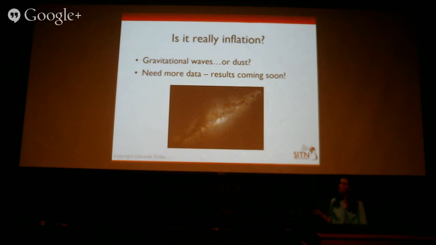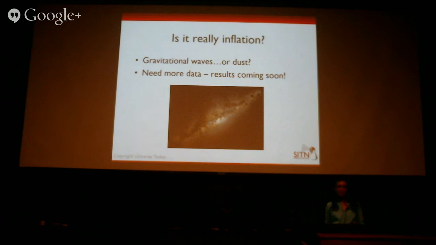As I mentioned before, the dust in our own galaxy, although it can help us make really pretty images like this, is a problem. It turns out that the pesky dust in our galaxy can also emit microwaves in a way that produces a signal that is somewhat similar to the signal that the gravitational waves do.